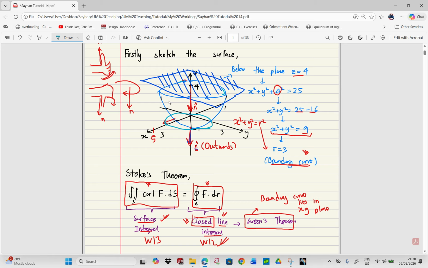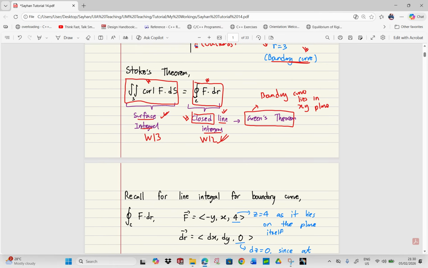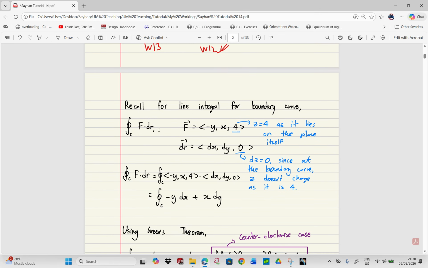There's nothing wrong. You can project it along the xy plane as well, because the planes z equals 4 and z equals 0 wouldn't change so much. Okay, so my force field is basically negative y, x, and 4, because z equals 4.